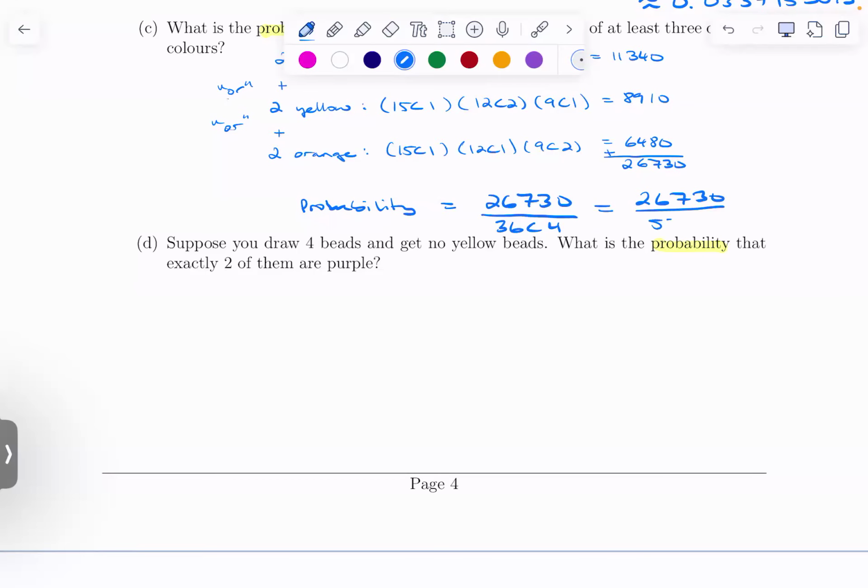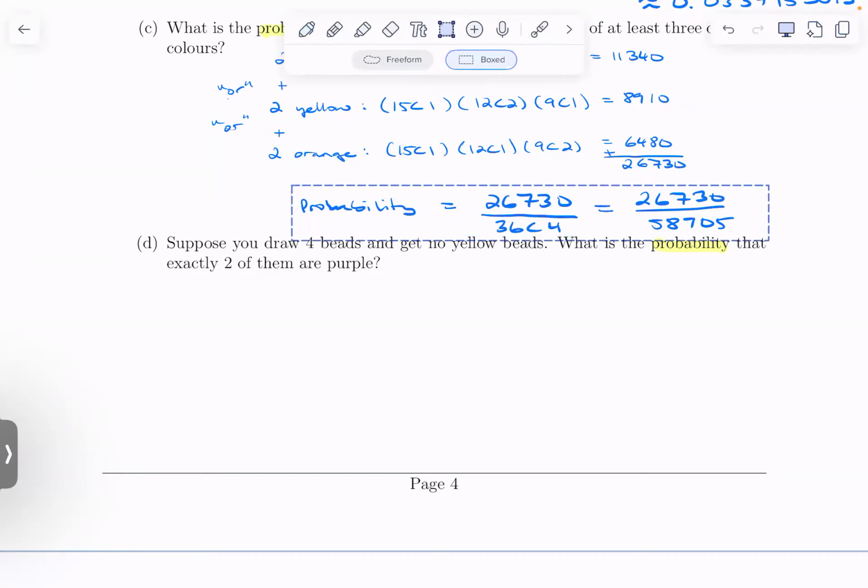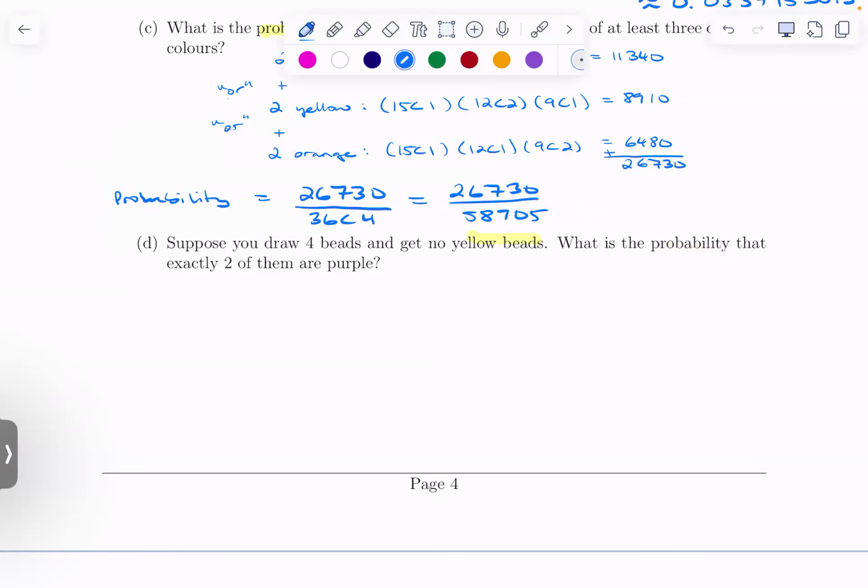Which is 58,905. And I ran out of room, so I actually stopped after some decimal places. 0.45378... Let me check that one.